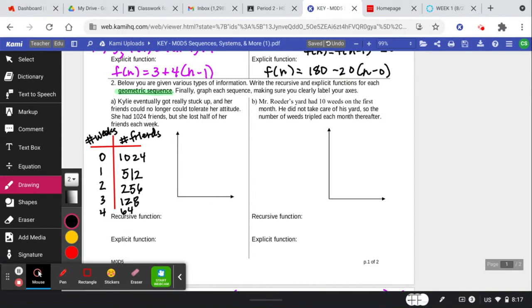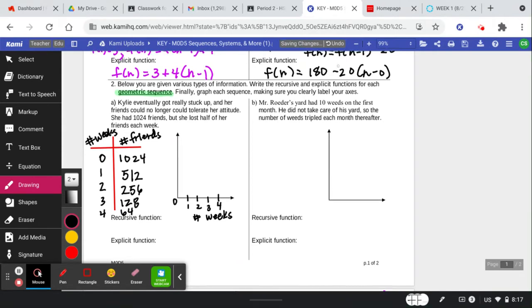And so on the side, we're going to have to figure out how to scale, because on the bottom it's easier. 1, 2, 3, 4. This is going to be the number of weeks. But on the side, we got to get all the way up to 1,024. So if we go 100, 200, 300, 400, 500, 600, 700, 800, 900, 1,000. So if we count by hundreds, we'd be like that. And on the side, it's the number of friends.